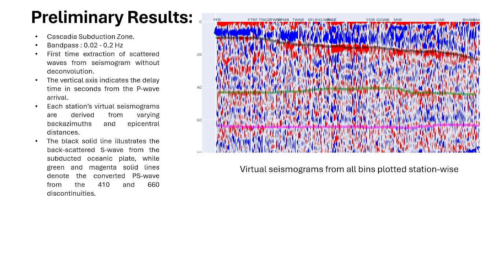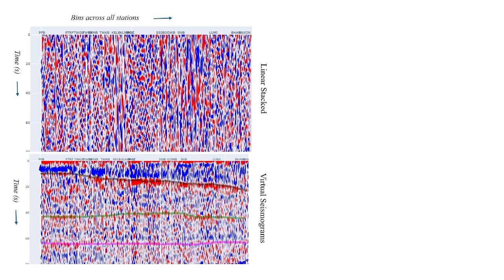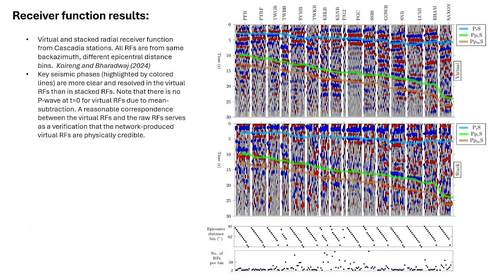We can see the backscattered PS, indicated by the black line, that is being generated from the subducting oceanic plate, and also some other phases which are being generated by some other upper mantle discontinuities. And this is a comparison of the linear stack of the seismograms and the virtual seismograms.